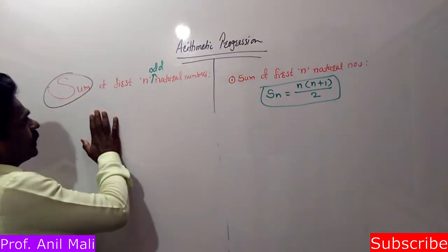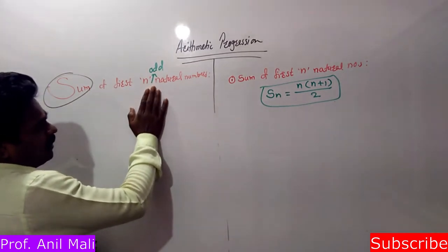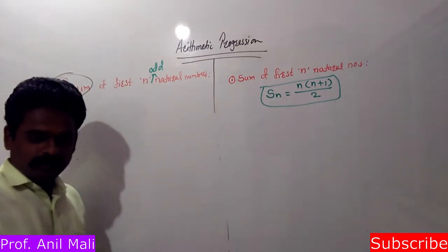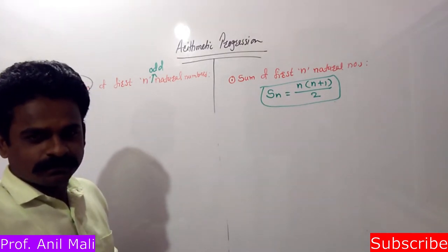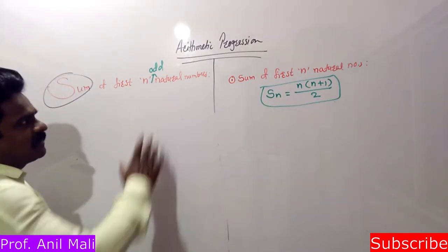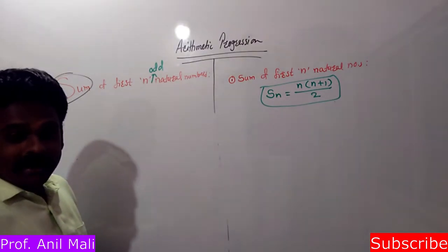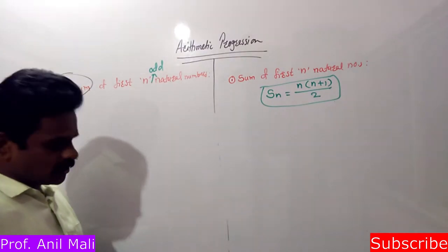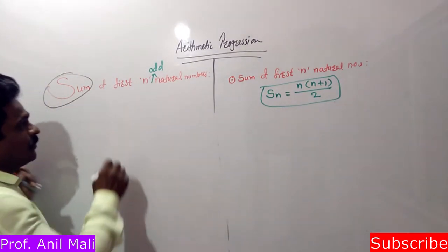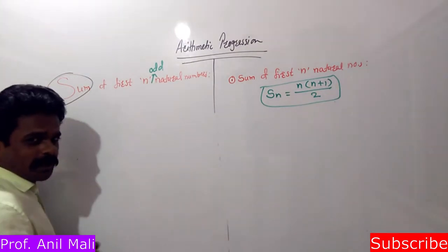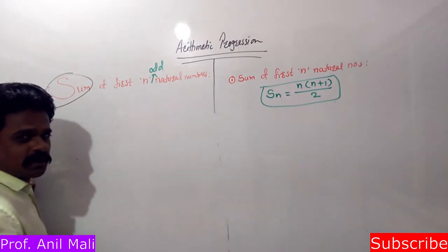Now, if you write this odd natural number progression, then what will be your arithmetic progression? Just write the sequence of all odd natural numbers. From which number will it start? It will start from 1 only. 1 is the first odd natural number.